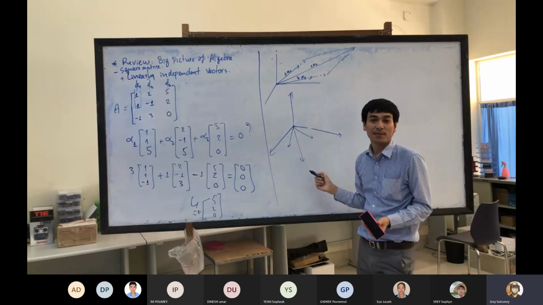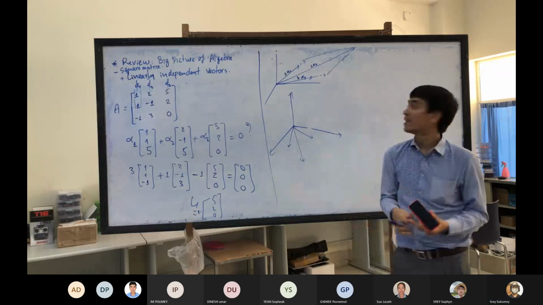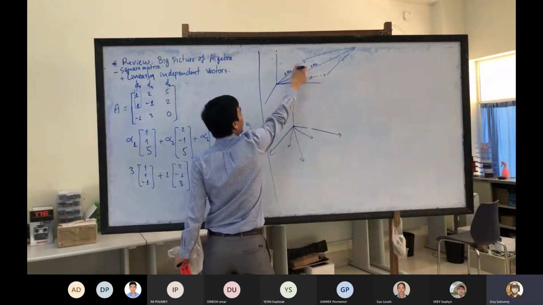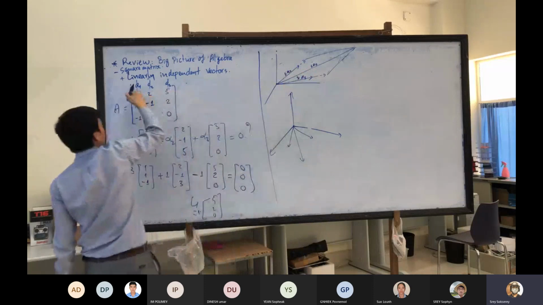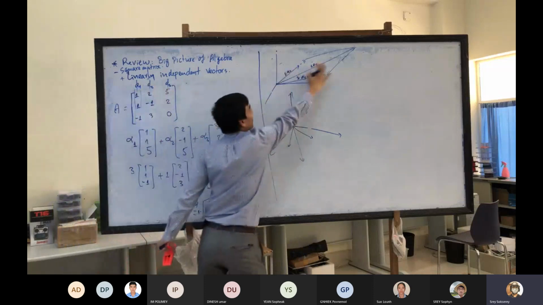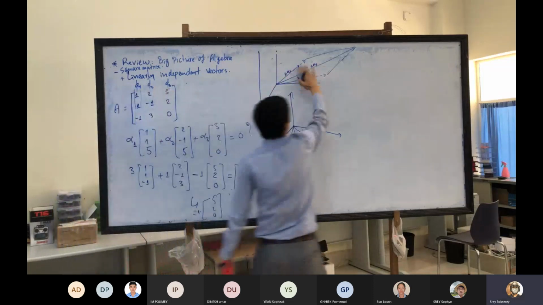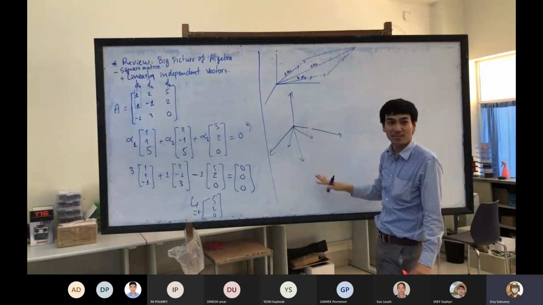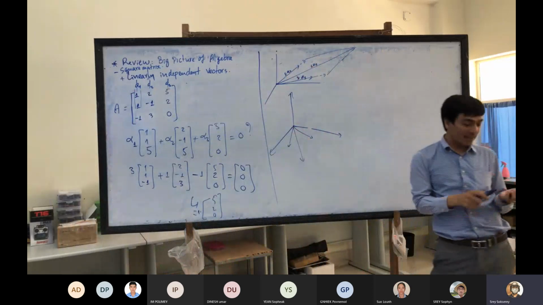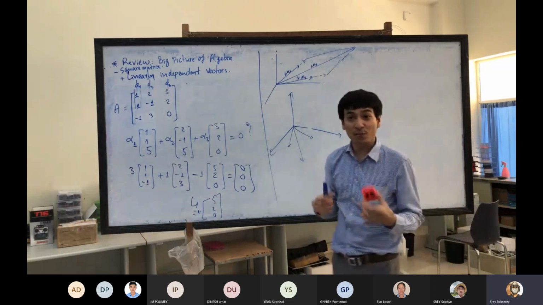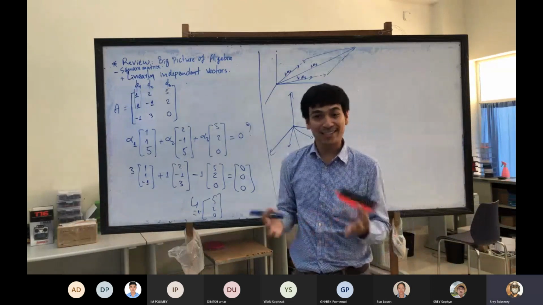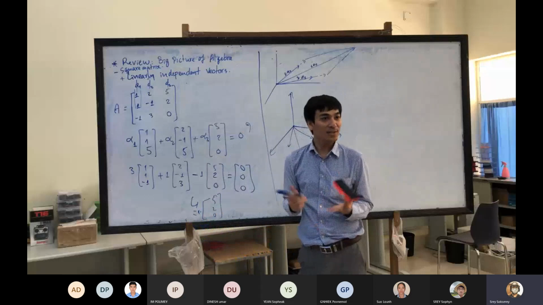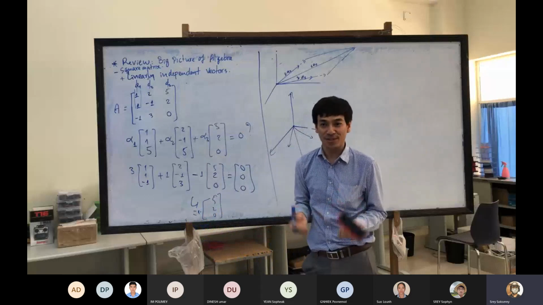So this is one picture. All three vectors stay on the same plane. So if three vectors stay on the same plane, can they produce a volume? Can only produce a surface, but cannot produce a volume.